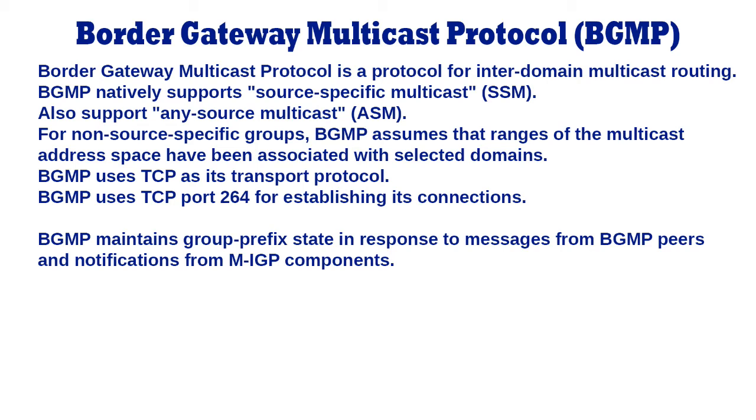When a receiver joins a specific group address, the border router towards the root domain generates a group-specific join message, which is then forwarded border router by border router towards the root domain.